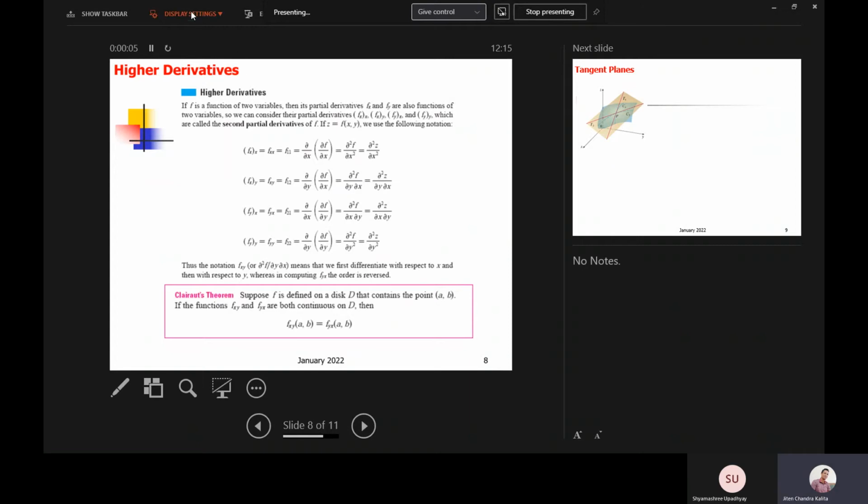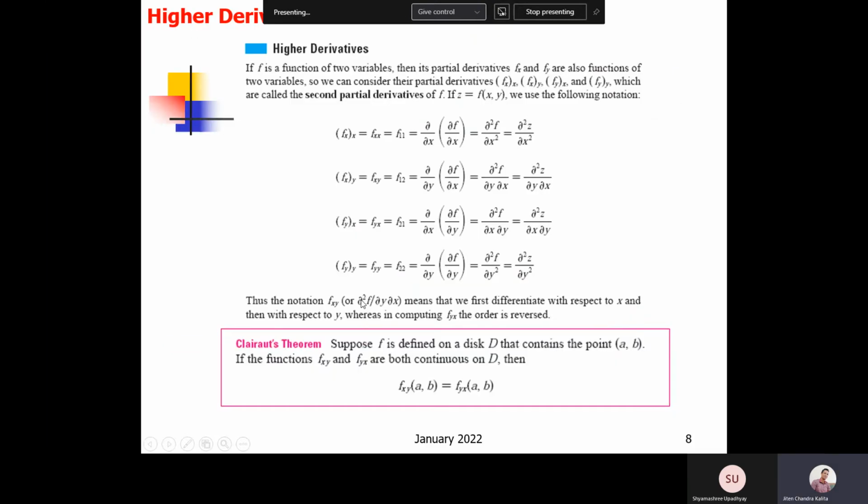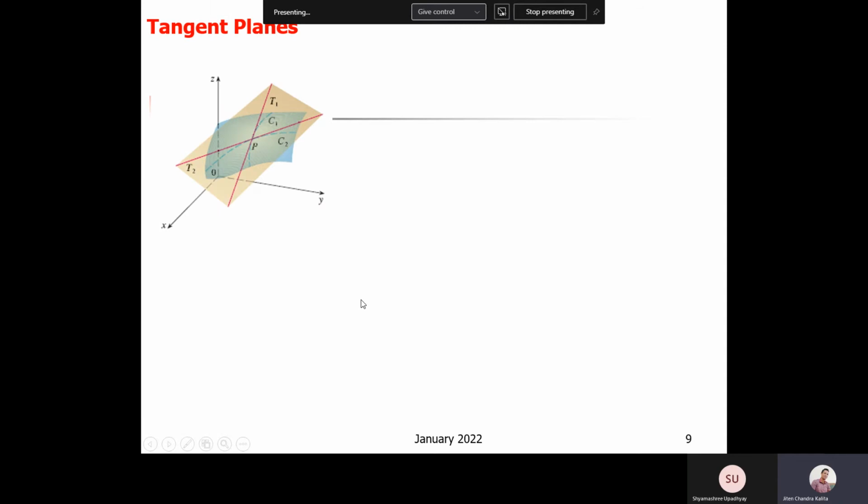This is what the scenario is, as I have told you. See what is being done here. I am considering this point P with coordinates x0, y0, z0.